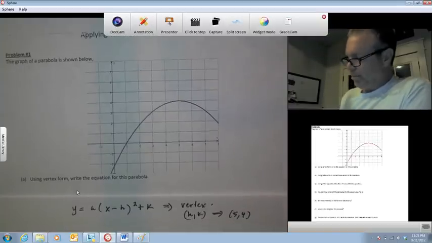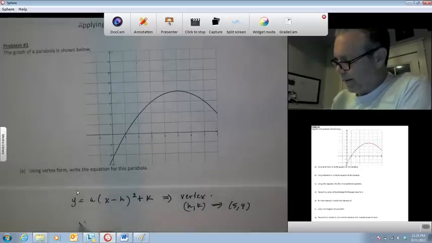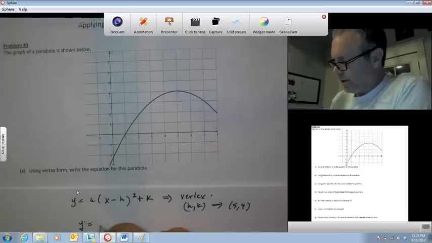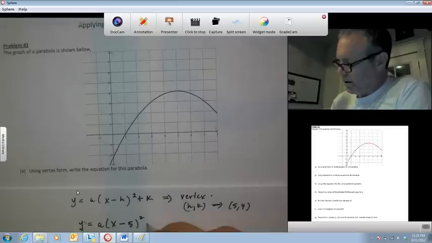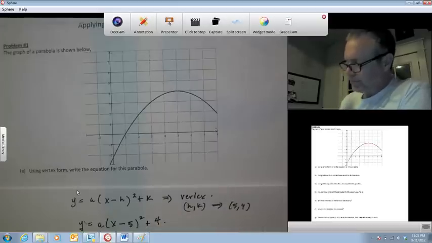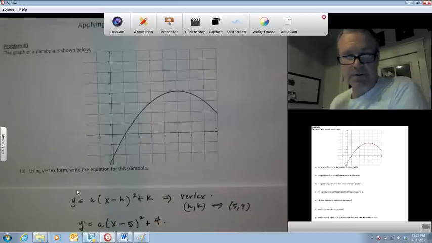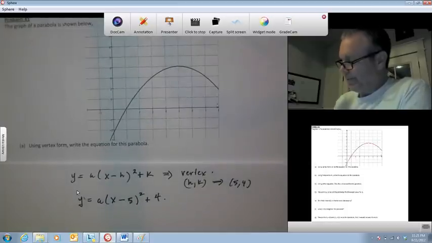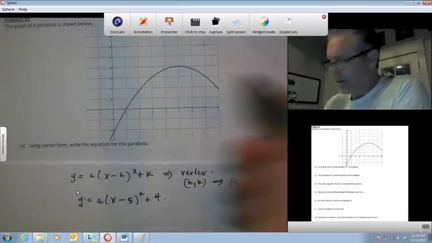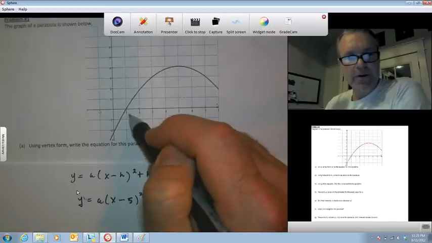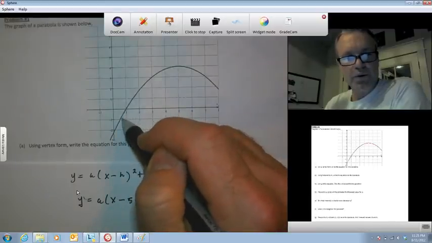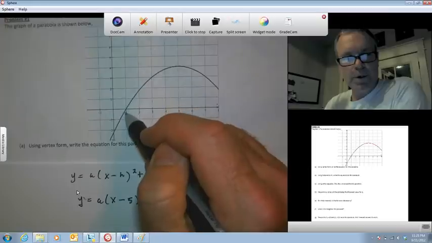We're going to put that into the form that we started with. It's going to be (x - 5)^2 + 4. And now we have to find the a value. We're going to find the a value by looking at the graph and seeing that this parabola goes through the point (1, 0).